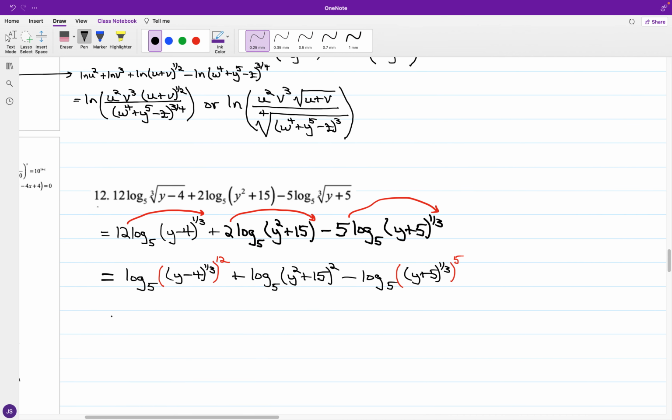So in the case of the power property, you had the base 5 logarithm. And for y minus 4 to the 1/3, taken to the 12th, you're looking at y minus 4 raised to the 1/3 times 12 degree. And so 1/3 times 12 is going to be 12/3, and that's going to go to 4. So you have the base 5 logarithm of y minus 4 raised to the 4th.